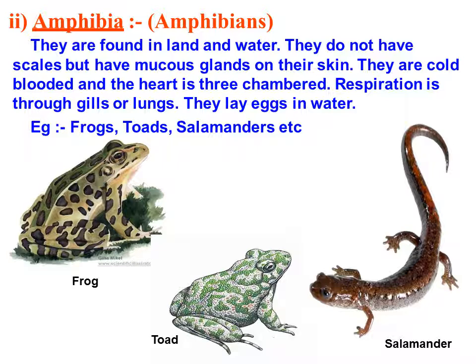Examples we have frogs, toads, salamanders. Frogs and toads are common, but salamanders are found mostly in the moist area. Moist area means where rainfall is more. And it is a very rare species. It is being preserved by the government also. So these are all included in amphibians.